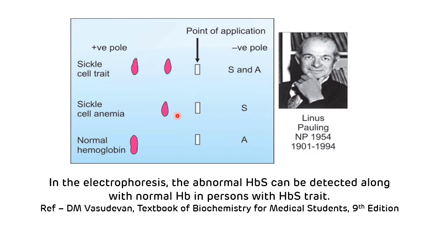This is the band seen in sickle cell anemia, and this is the band seen in normal hemoglobin. As in sickle cell anemia, glutamic acid is replaced by valine, the band is moving slower towards the positive pole as compared to the normal one. So that is the picture of electrophoresis done for the diagnosis of sickle cell anemia.